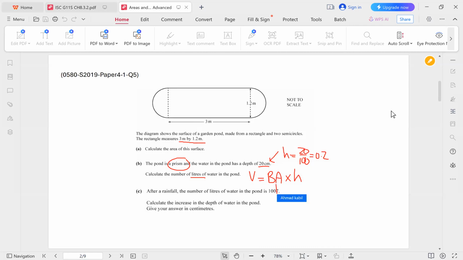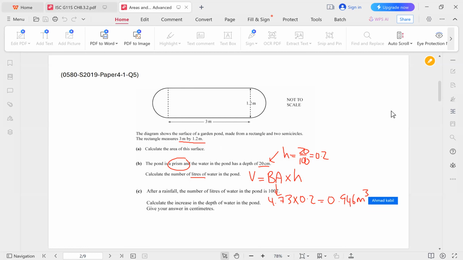So this is 4.73 multiplied by 0.2. And 4.73 times 0.2 gives us 0.946. So the volume in meter cubed is 0.946.